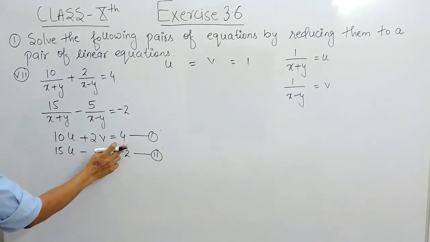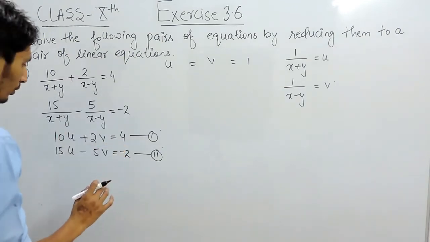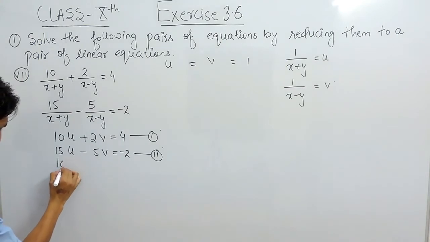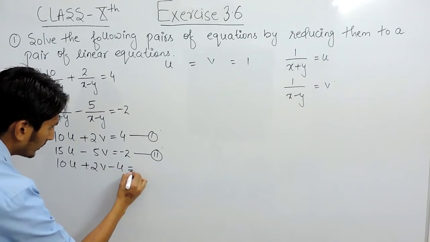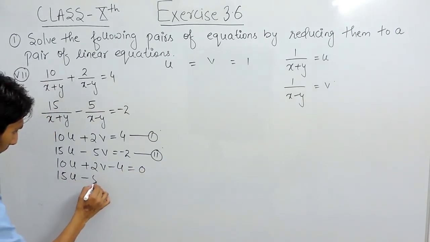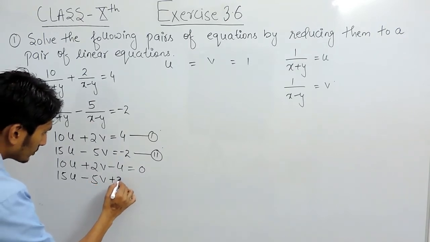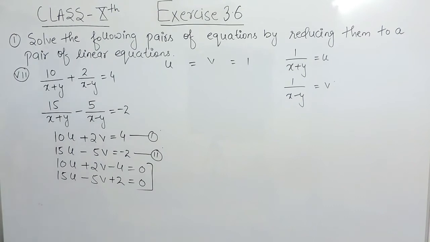We shift the constant to the left hand side, so that on the right hand side there is only 0. So the first will become 10u plus 2v minus 4 equals 0, and the second equation will become 15u minus 5v plus 2 equals 0. So this is our required standard form.